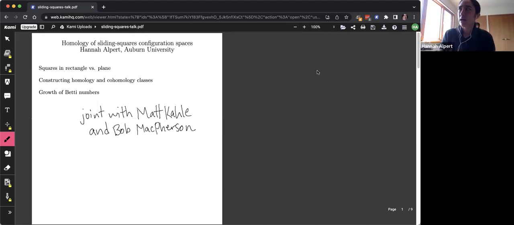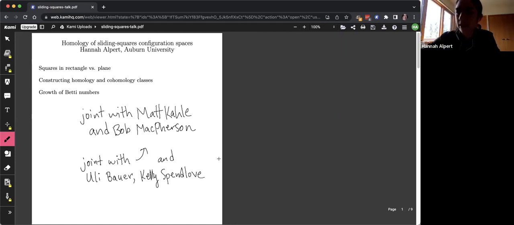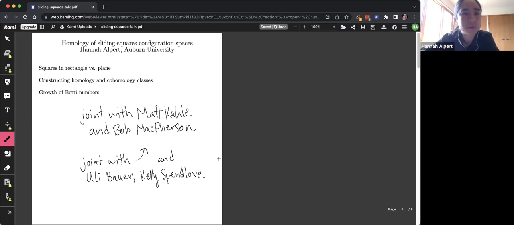So we have a paper, I don't know if it's actually published so that you can see it on the publisher website, but a previous paper on this, with Matt and Bob and Uli Bauer and Kahle Spentlove, about sliding squares in a rectangle, where we prove some things about the configuration space being homotopy equivalent to a nice cubical complex.